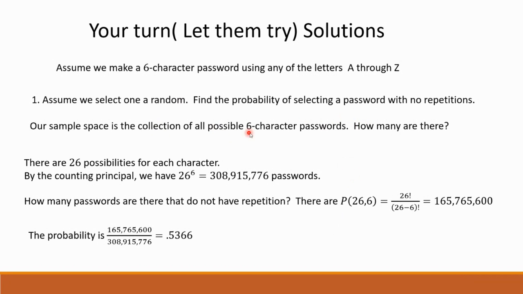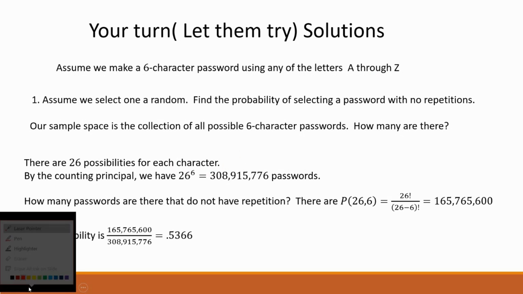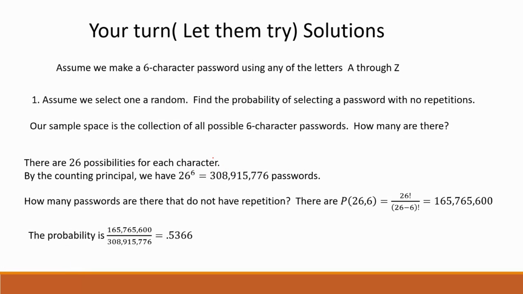Well, again, the sample space is all possible 6-character passwords. How many are there? Well, for each character, there are 26 possibilities. So we have a 6 unit long password.